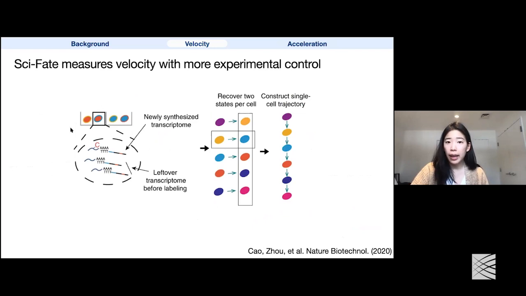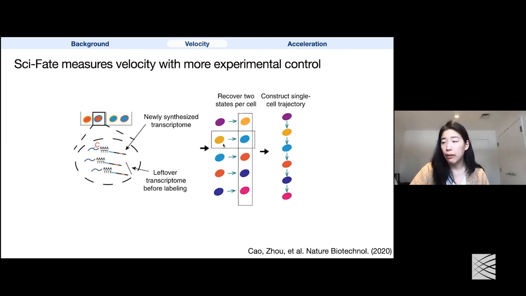An important finding that makes this distinct from pseudotime is that sci-fate can predict future and past states from the same cell. So after estimating their detection rate and the degradation rates for each mRNA, they're able to infer transcriptional states in the past, at the beginning of 4SU labeling, and in the future.